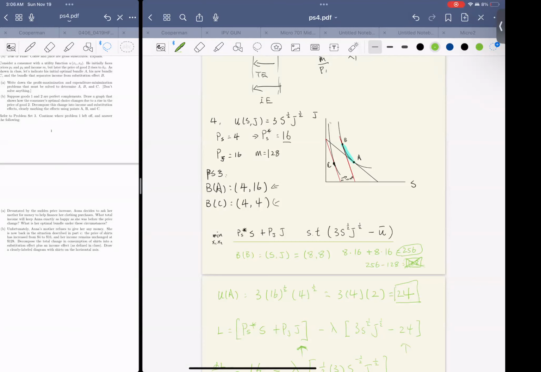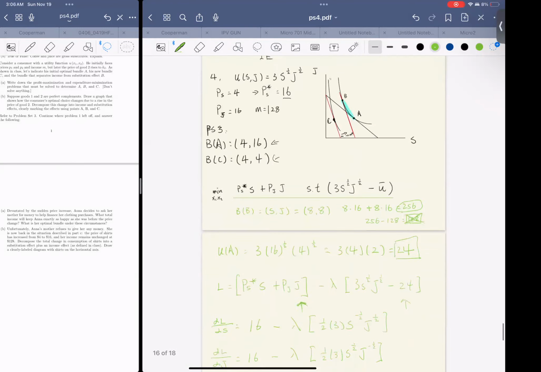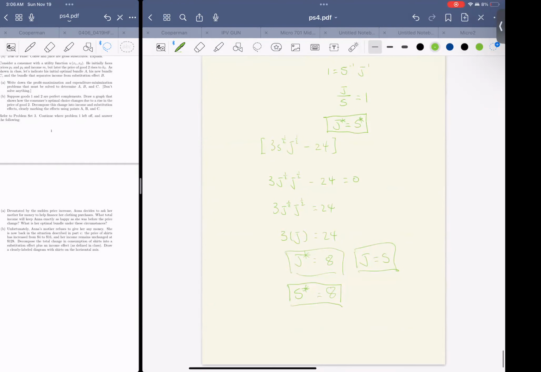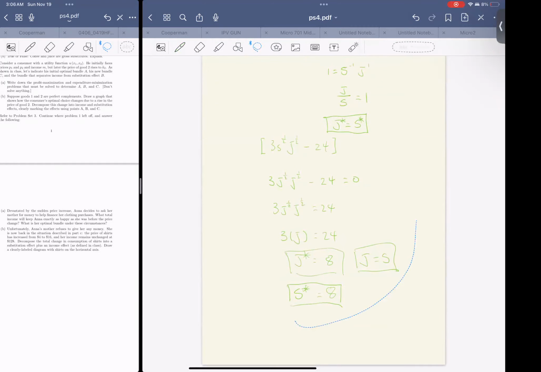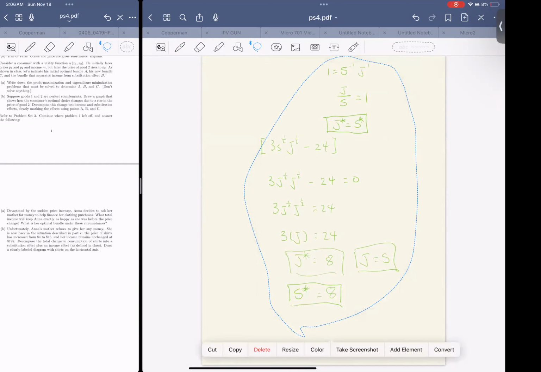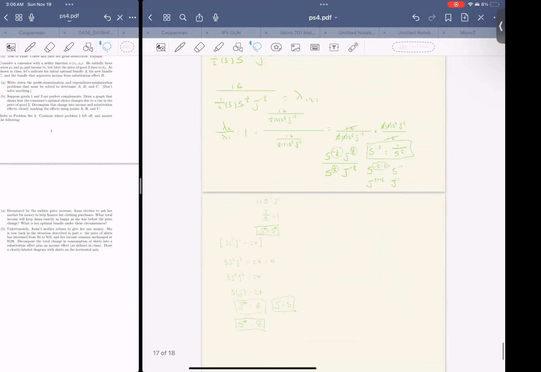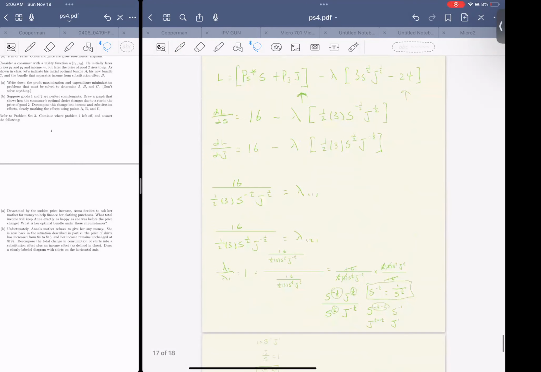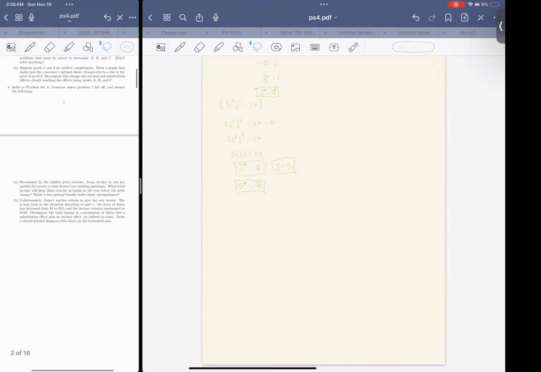Okay, let's look at B. Unfortunately, Anna's mom refused to give her any money.